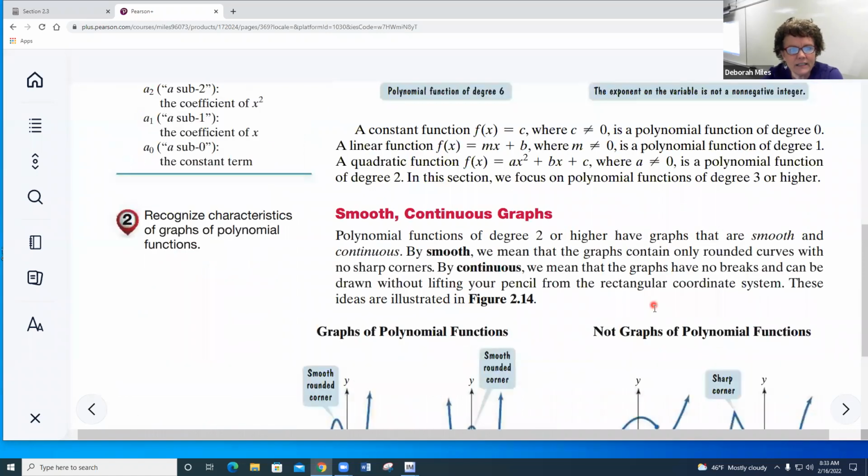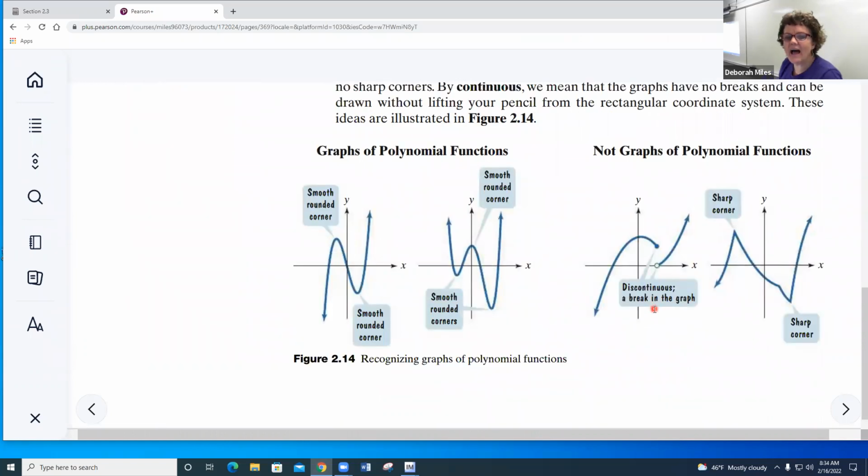All right, another thing to know about polynomials is they have nice, smooth, continuous graphs. Now, we'll talk about continuity in calculus, but it turns out that the most important thing in calculus, the derivative, you can take for nice, smooth graphs.